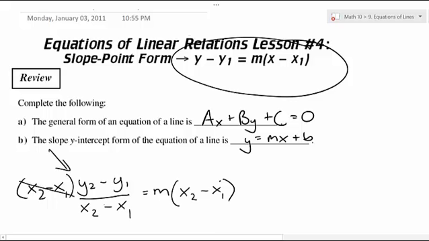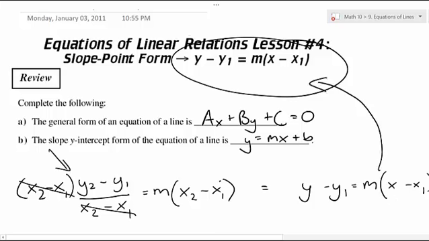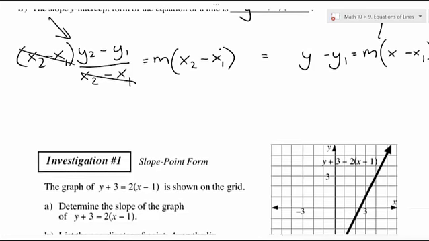These would cancel out, and now we're given y2 - y1 = m(x2 - x1). All right, now if we erase these coefficients here, it's the same as what that is. So that's where the slope point form comes from.